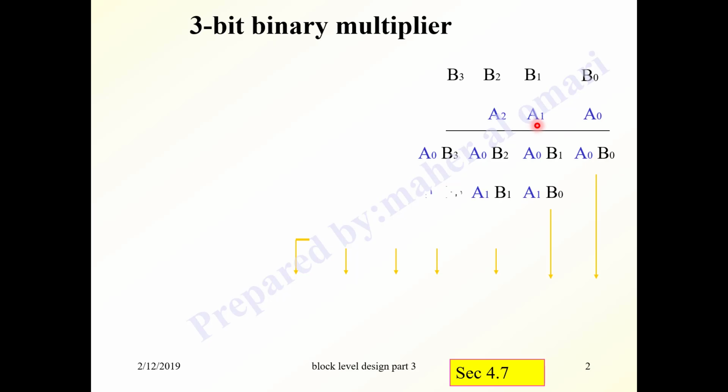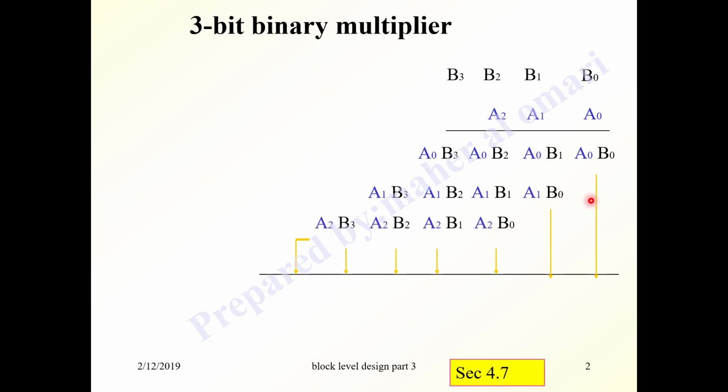Now we multiply A1 with the B number to get this result here. Now we multiply A2 with the B number. Notice the shift to the left. Ordinary multiplication. Okay, this is the first output here, which is C0. This here is the second output, the third, C3, 4, 5, and 6.